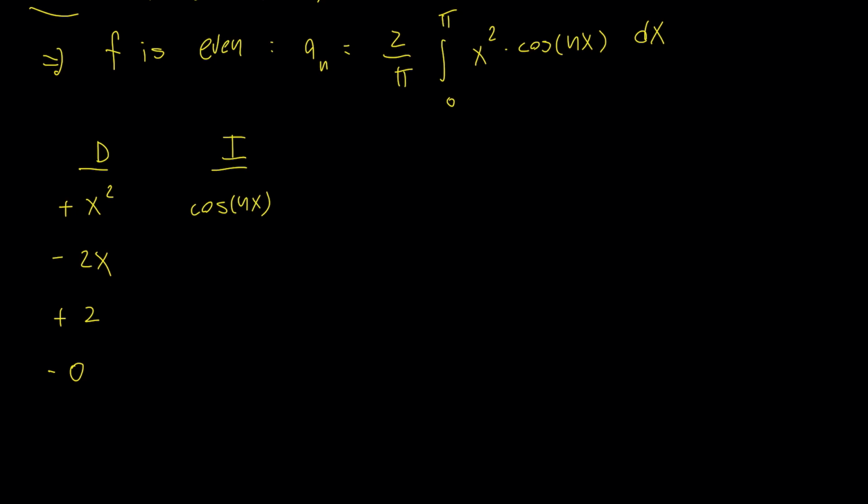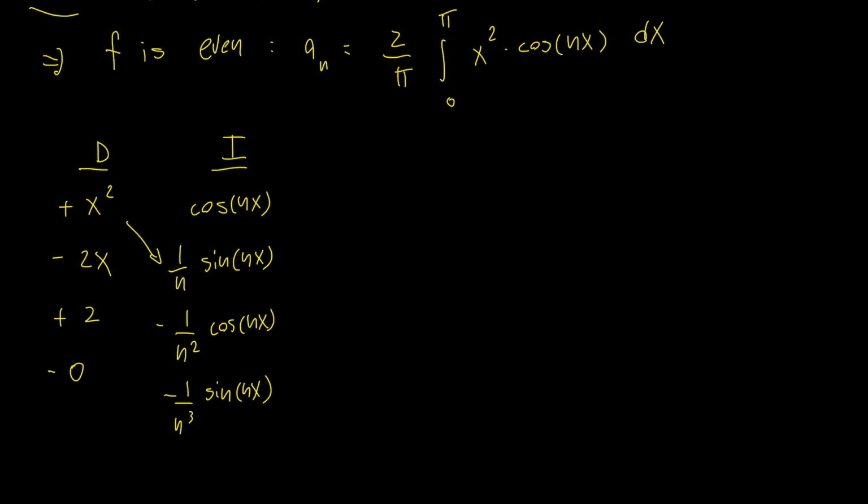And the integral of cosine of nx will be 1 over n sine of nx. And the integral of sine will be minus 1 over n squared cosine nx. We're going to have a minus 1 over n cubed term, and then the integral of cosine is positive sine.